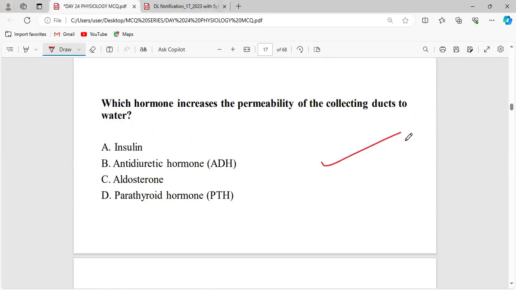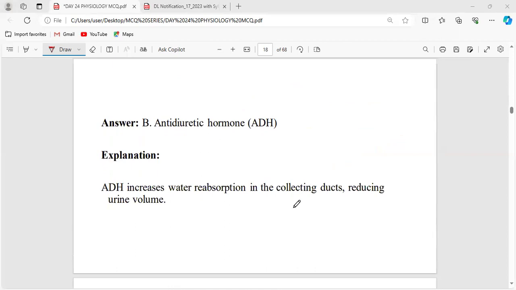Which hormone increases the permeability of the collecting duct to water? That will be antidiuretic hormone, right?